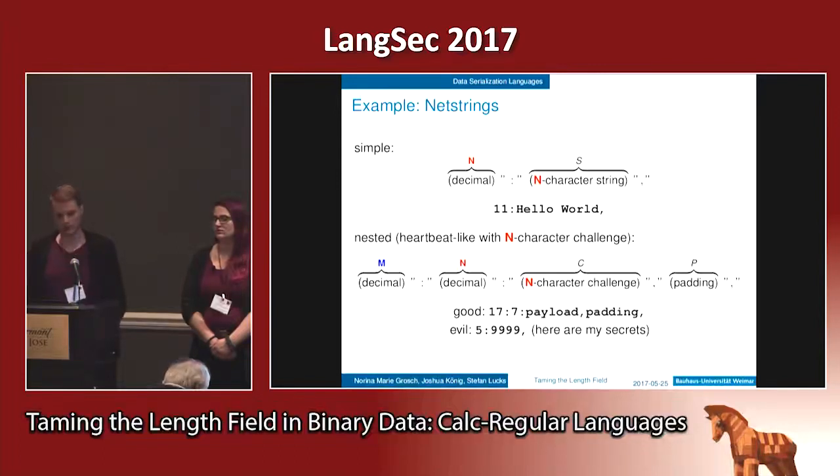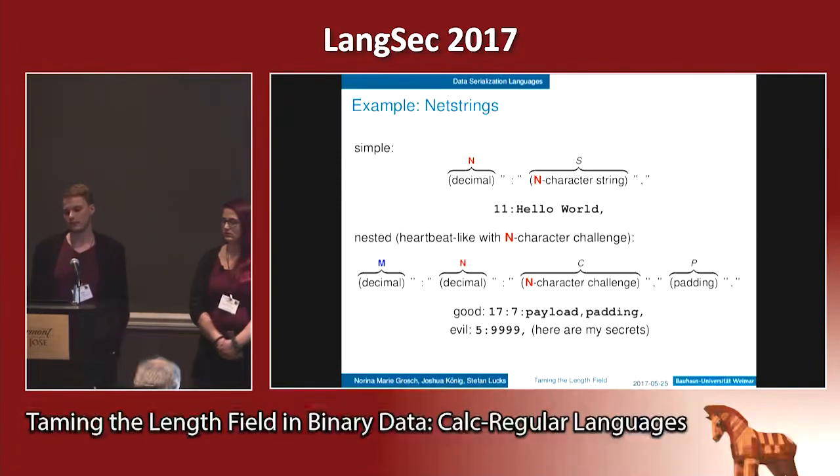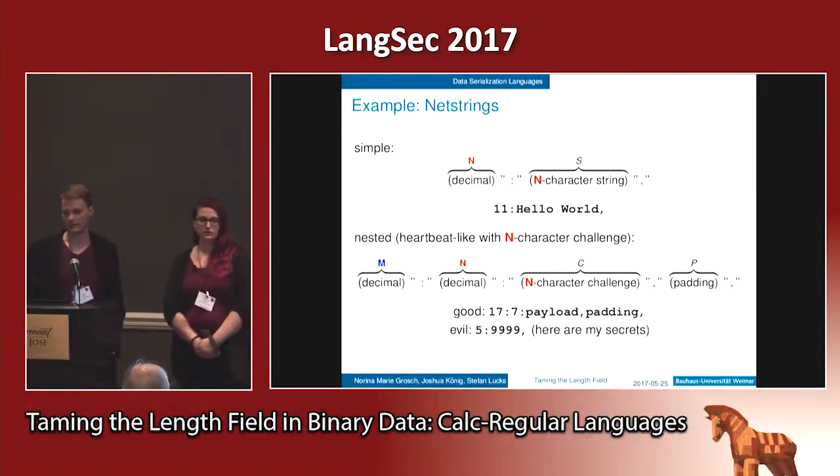So going on, we'll have net strings as our example language. A simple net string has a length field, then is separated by a colon, then the n character string, and is finished with a comma. There are also nested net strings, where you have outer length field m for the whole message, and then length fields for all the sub sequences and the strings and so on.